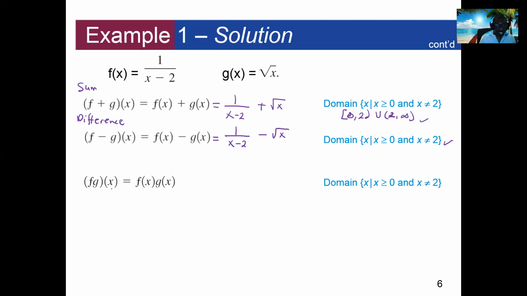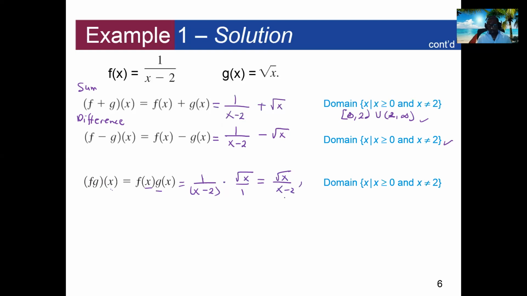And then what is the product? (f times g)(x) is f of x times g of x. This will be 1 over x minus 2 times the square root of x. Now we can write it as multiplying two fractions, which means the numerators multiply across: 1 times the square root of x is the square root of x, and the denominator, x minus 2 times 1, is also x minus 2.